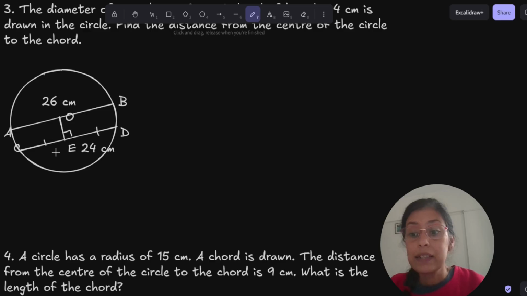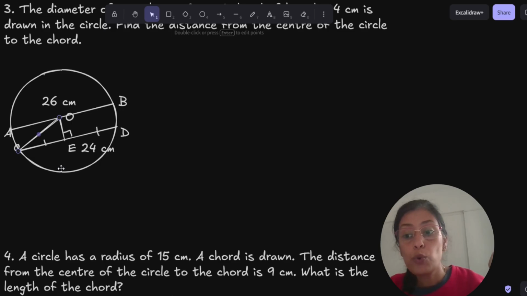Another thing I told you was, when we are drawing a perpendicular bisector, there should most likely be a right angle triangle somewhere. So if we join O to C, what will be the length of OC? This is the radius.